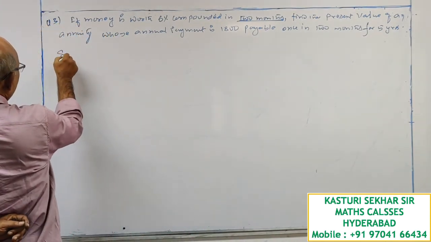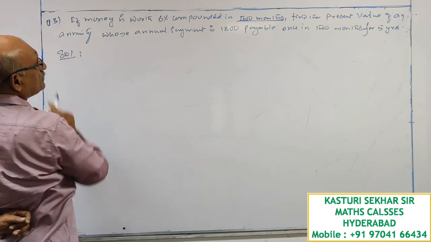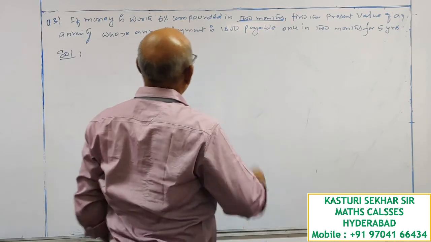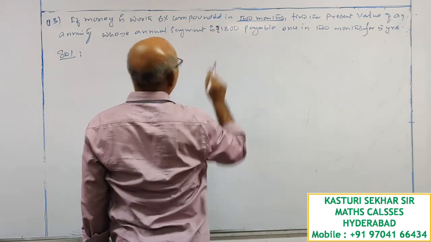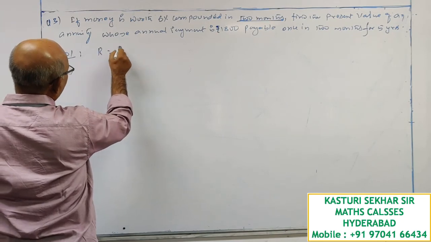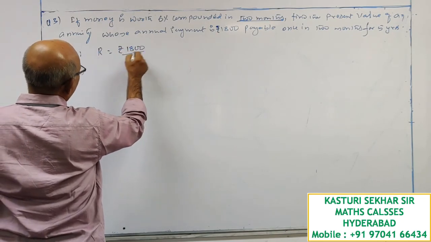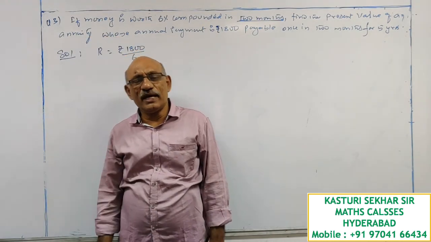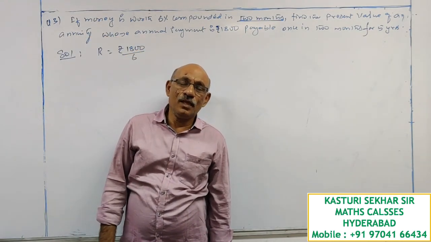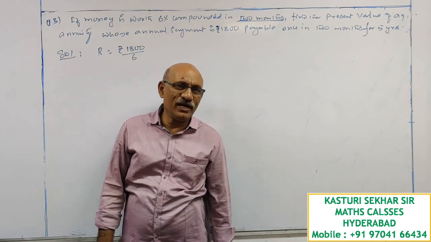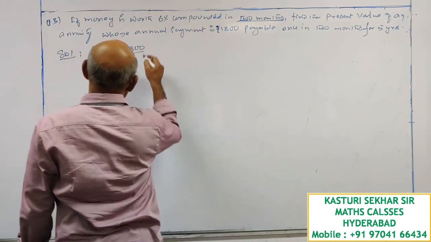So let us see the calculations involved. Annual payment is given, rupees 1800. R is equal to rupees 1800 divided by 6. After every 2 months, one payment I have to give. So in 1 year, 6 payments. So 1800 is divided by 6.